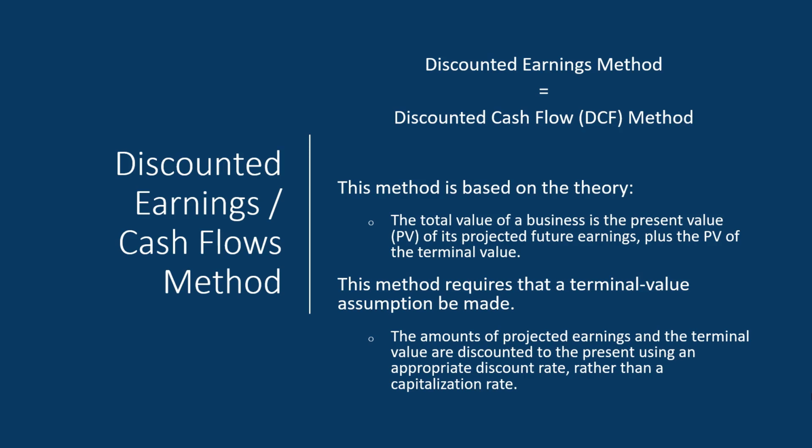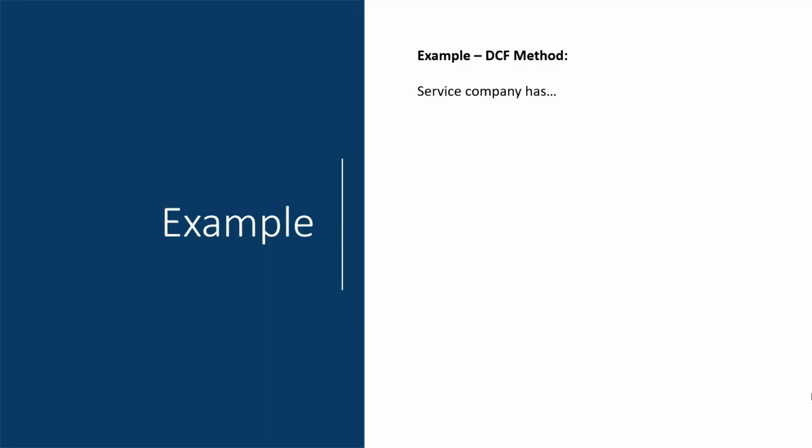But this is based on the valuation of a company, your business, that's projected to operate indefinitely. It's a going concern business. And that's why terminal value is so important.